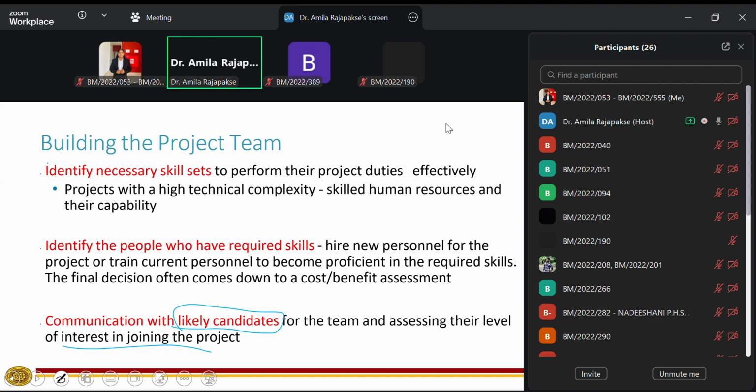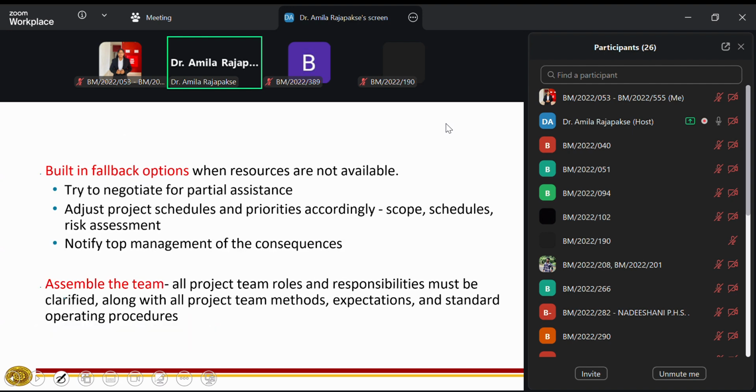From the likely candidates, first we need to identify what kind of skill set is required. Then we have to identify the people who have these skills. After that, we need to communicate with these likely candidates whether they are interested in joining this project. And then we need to always have a contingency plan.